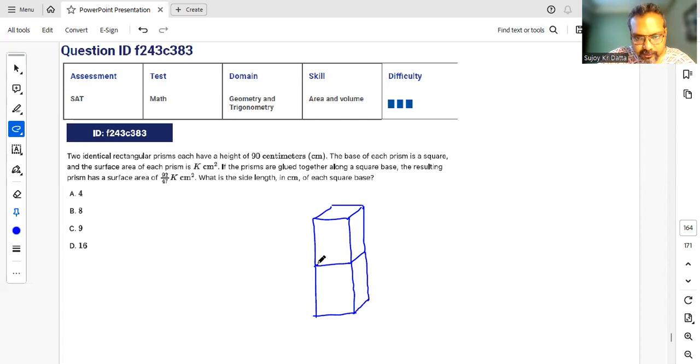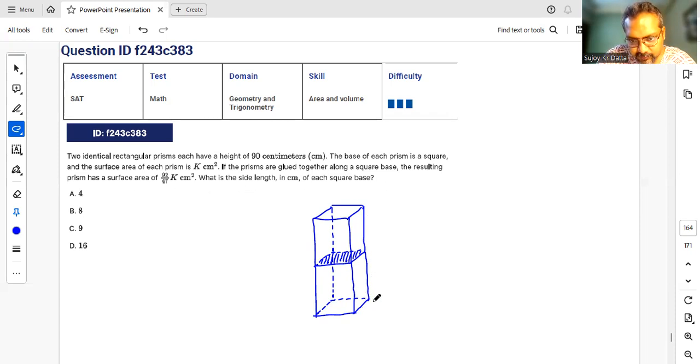In the resulting prism, one face of each prism is now hidden. There are two faces here, one for the top and one for the bottom, both are hidden. The glued together resulting prism has this area. What is the length of each square base?